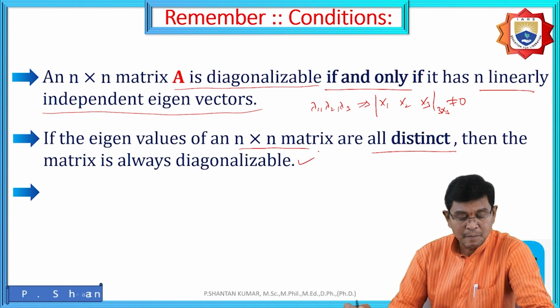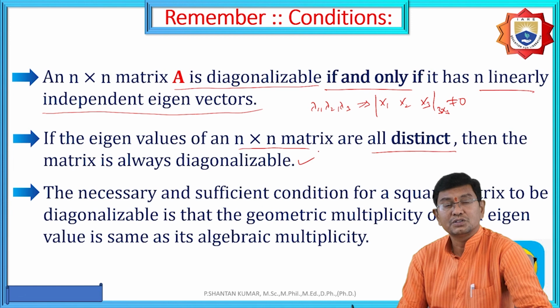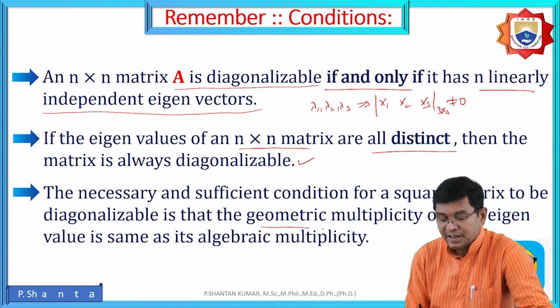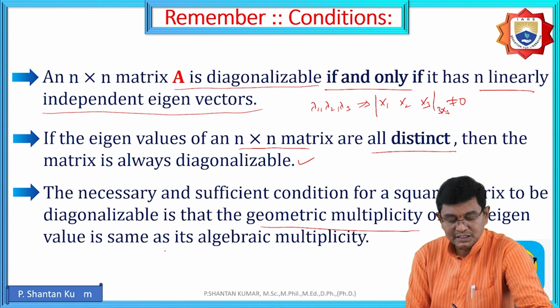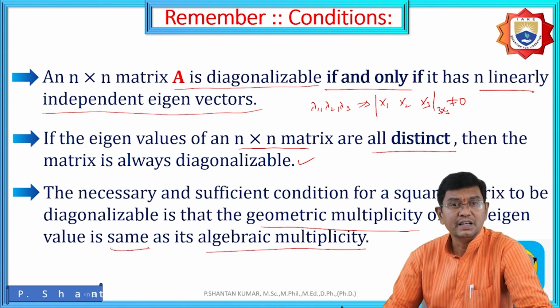Similarly, the necessary and sufficient condition for a square matrix to be diagonalizable is that the geometric multiplicity of each eigenvalue is the same as the algebraic multiplicity. What is the meaning of this?